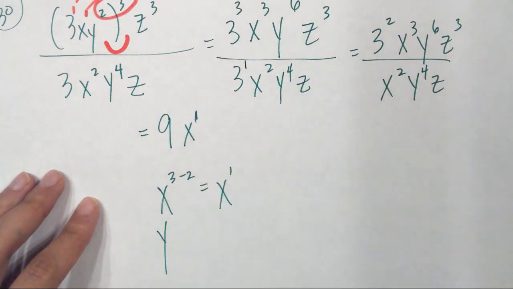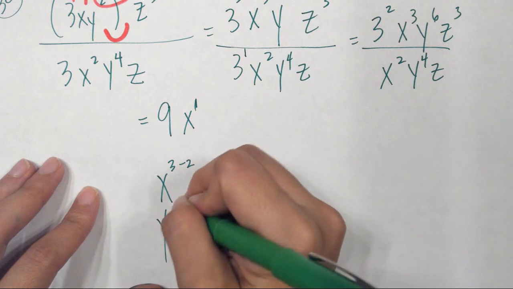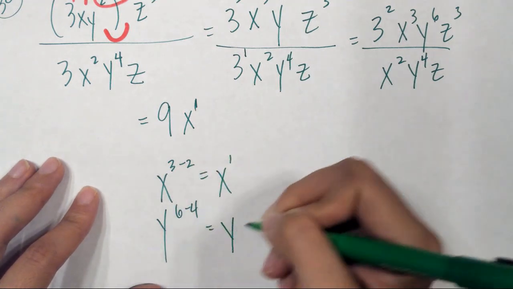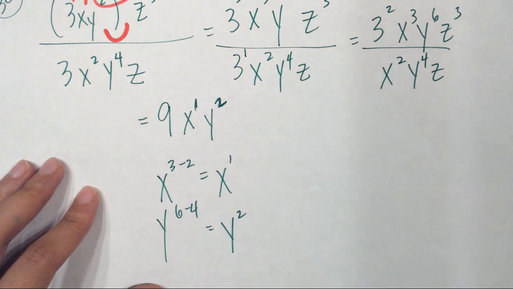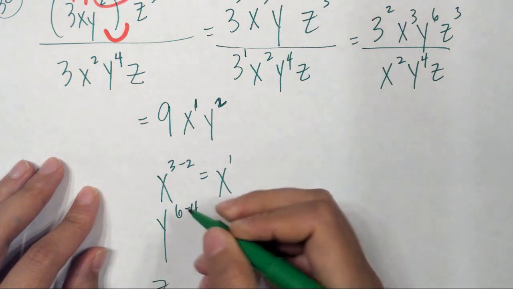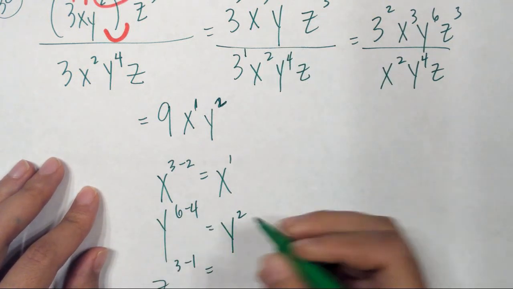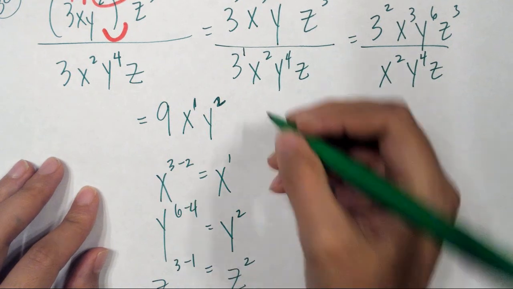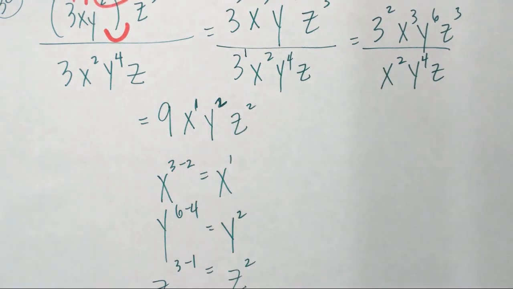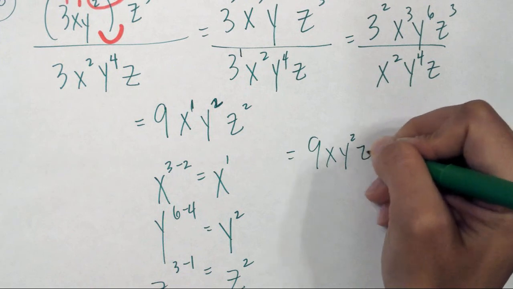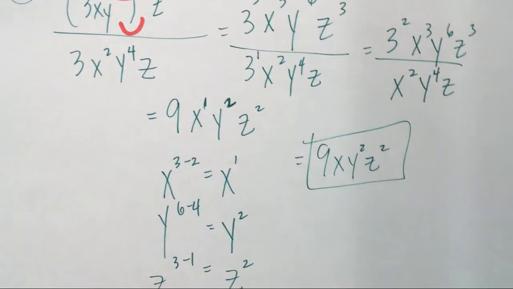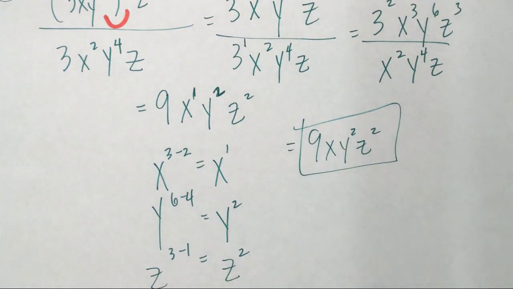And then for your y, you have 6 minus 4, which will be y squared. And then for your z, you have 3 minus 1 is 2. Because when you divide, you subtract exponents. So your answer is 9xy squared z squared. Everything's positive, so we're good.